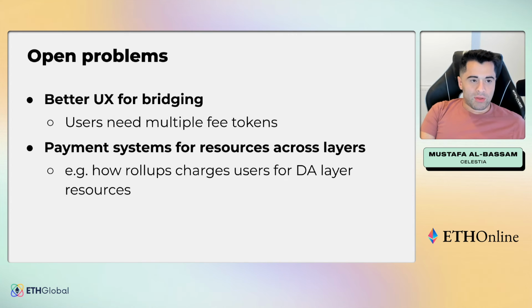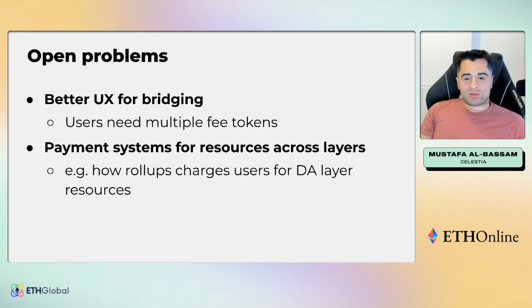So let's go through some open problems in the modular blockchain ecosystem. The first one is that we need better UX for bridging, because in a multi-rollup ecosystem, bridging becomes more of a pain for users, especially if there are many different application-specific rollups as well.